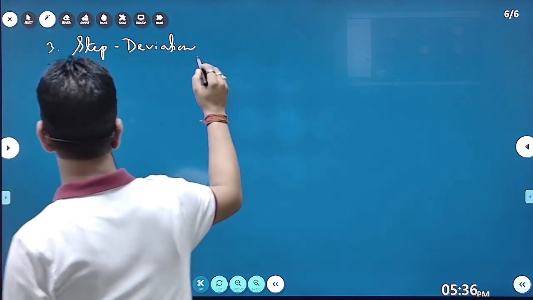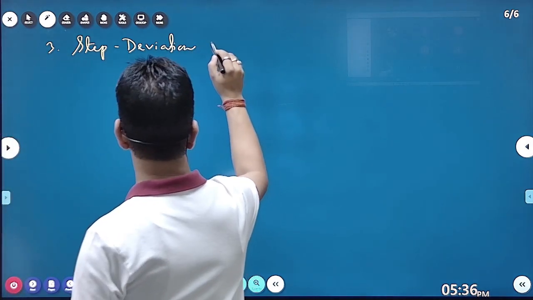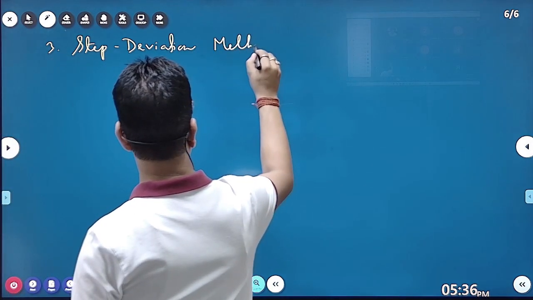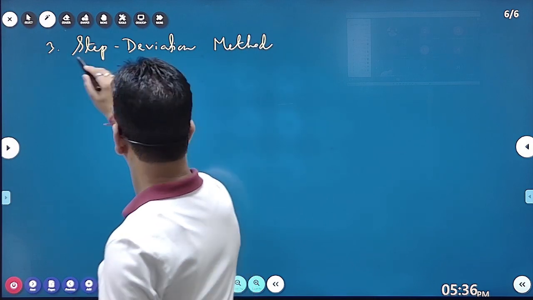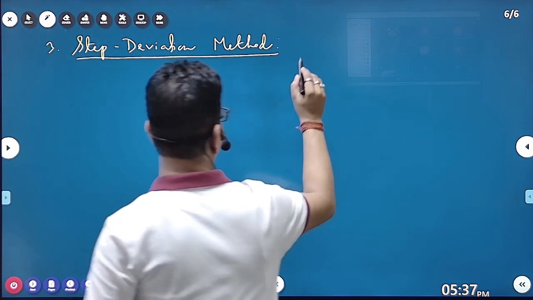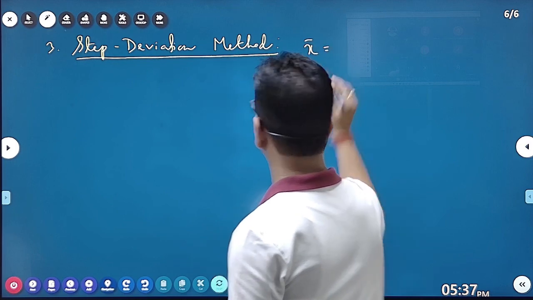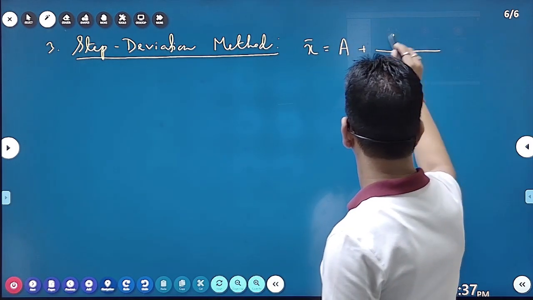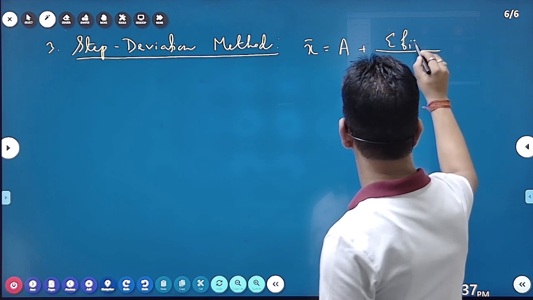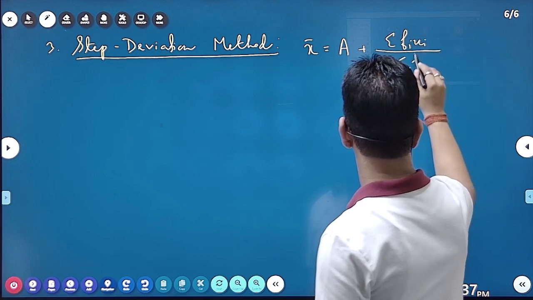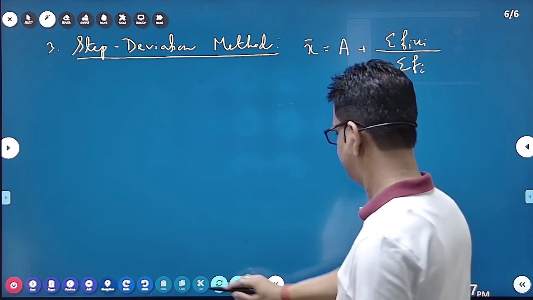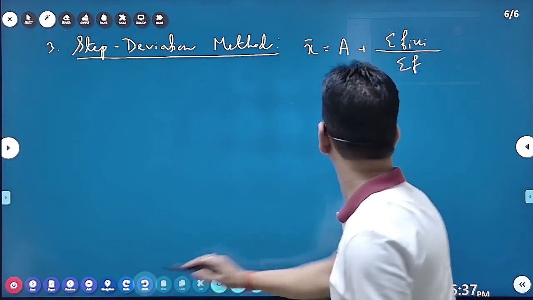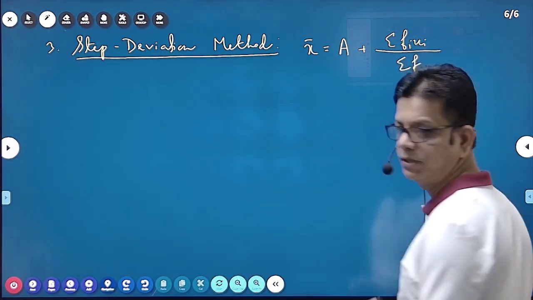The previous method is the assumed mean method, also called deviation. So this is step deviation. Almost similar. I just write the formula here. X bar equal to A plus, once again, A plus summation of, this time, Fi ui divided by summation of Fi. Is it okay?